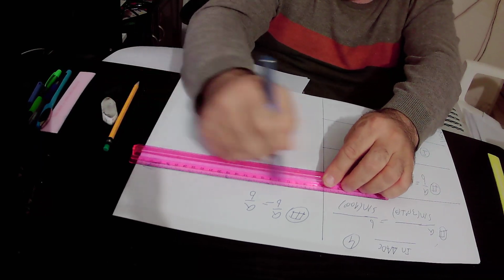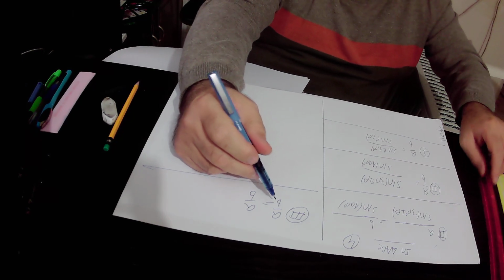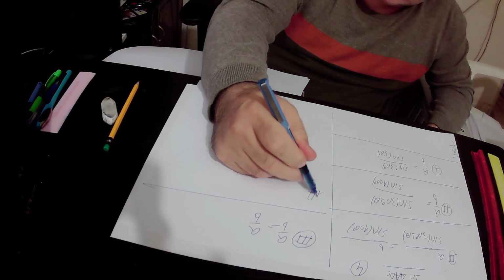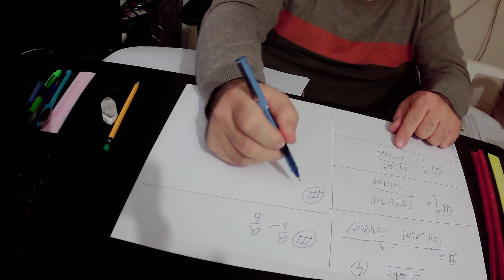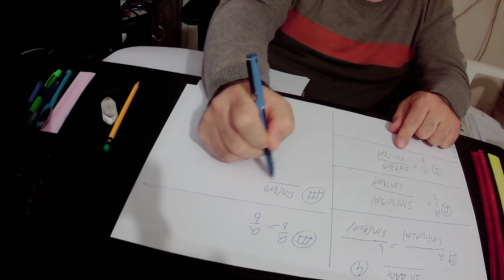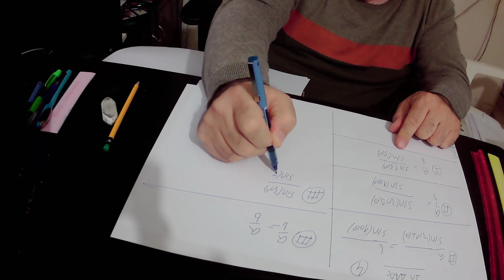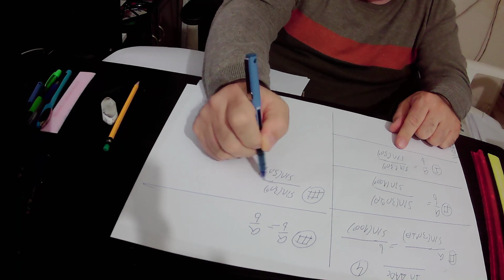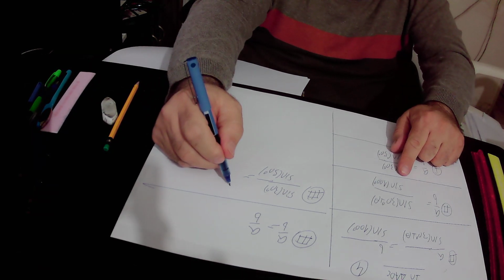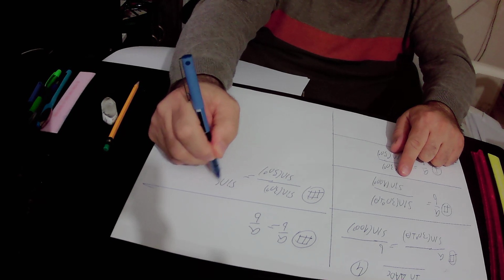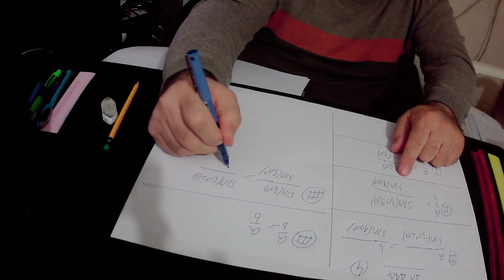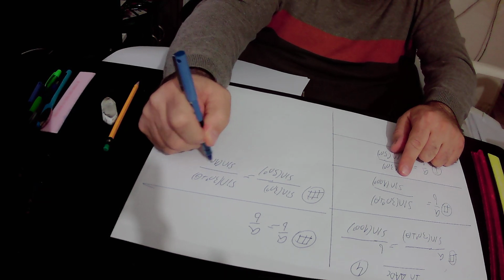A over B according to equation number 1 is sine 30 degrees over sine 50 degrees, and it must be equal to A over B according to equation number 2, that is to say, sine 30 degrees plus theta over sine 100 degrees.